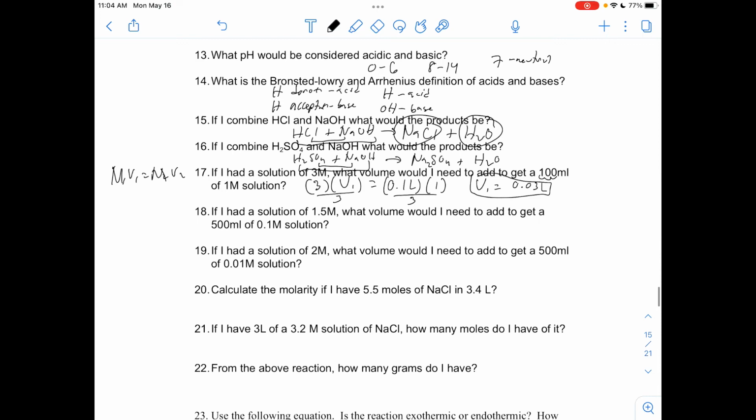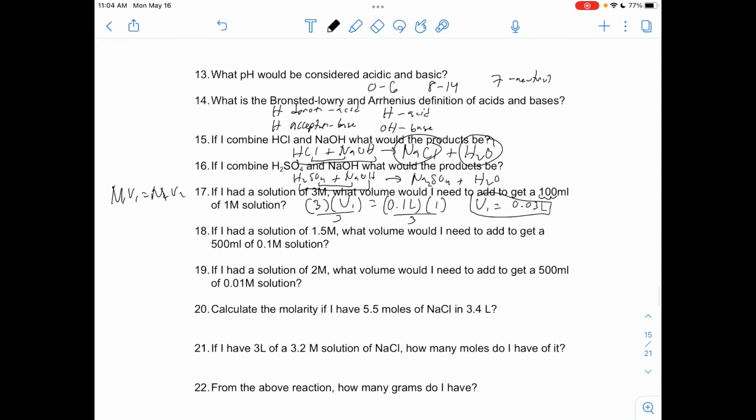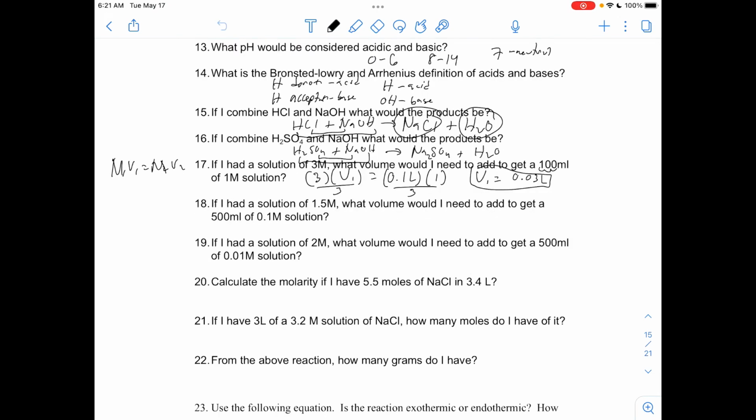Okay, same thing for this guy. Okay, the next problem, again using the same equation. We have 1.5 molar. Again, looking for what volume I'll need to add to it to get 0.1 molar. And 500 milliliters, again, divide by 1,000 to get it into liters.